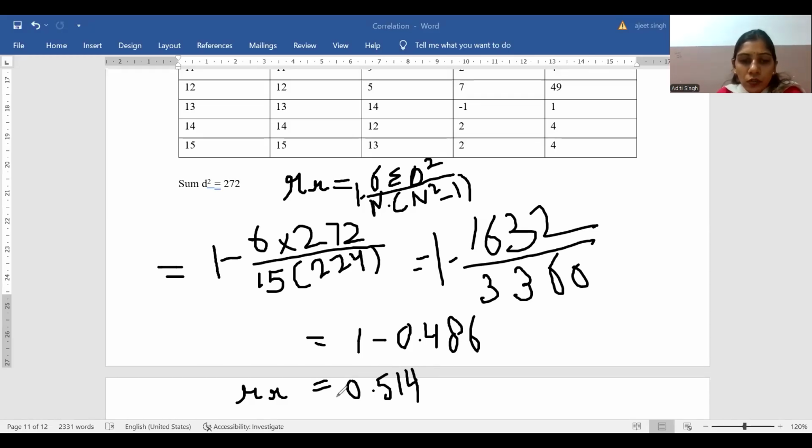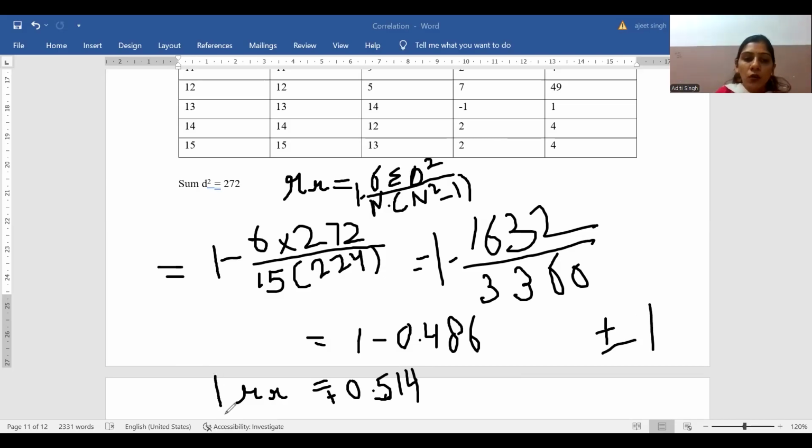It's 0.514. So this answer is in plus. Okay, so what we have done is 1 minus 0.486, and the value is positive. So the value is 0.514 in plus. So this value is lying between plus minus 1.